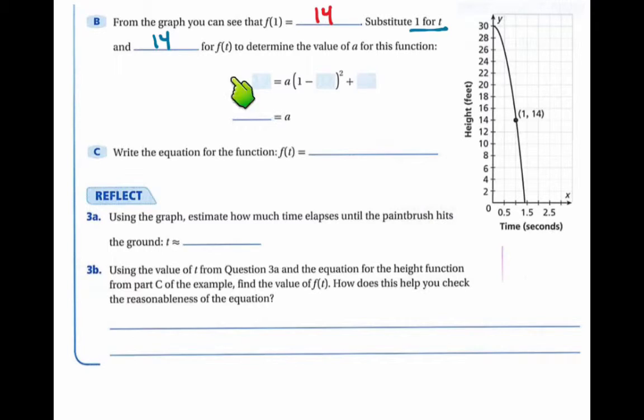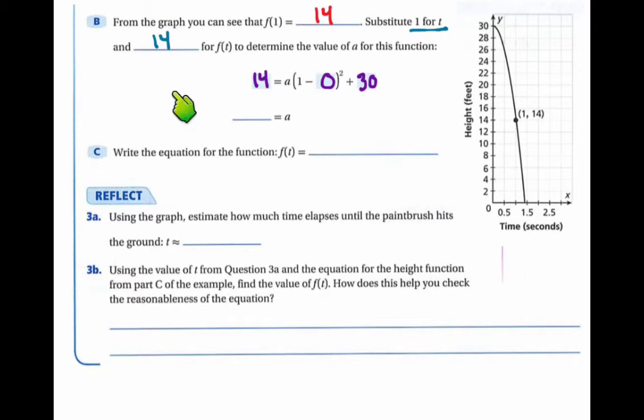So we're plugging in 14 for our f of t, or our y, equals a times 1, that's what we were given from our point, 1 for t, minus, as we figured out before, 0, plus, as we figured out before, 30.